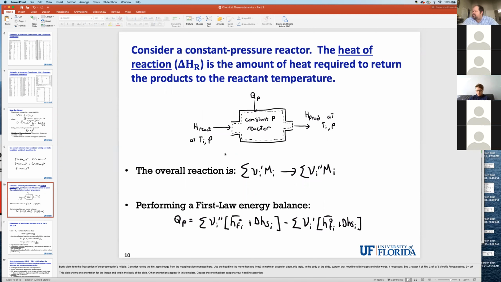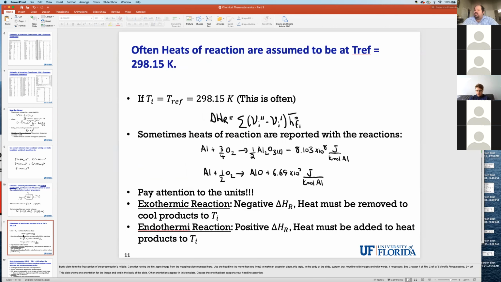So if Ti is at 298.15, the changes in the sensible enthalpies are zero for both the products and the reactants.